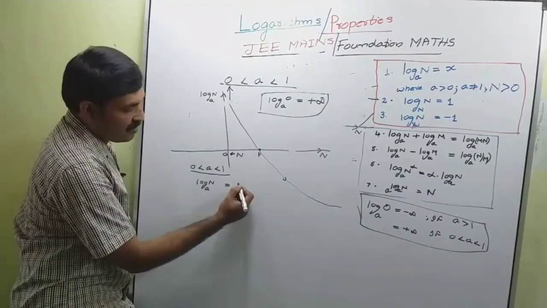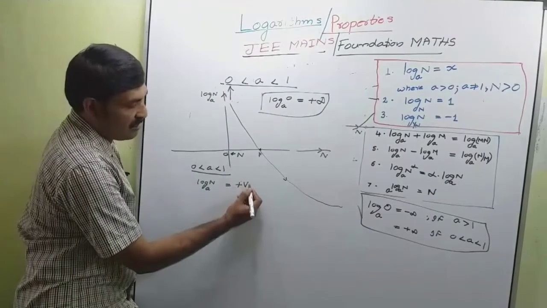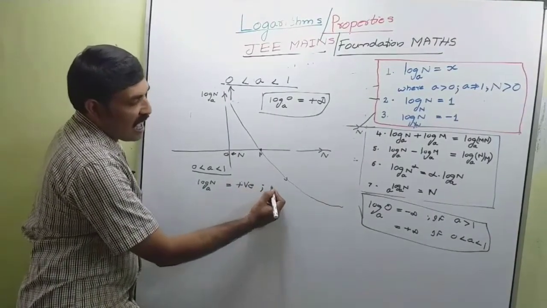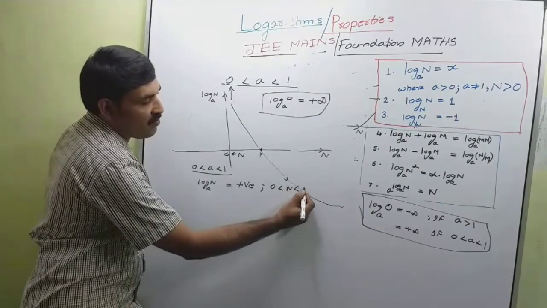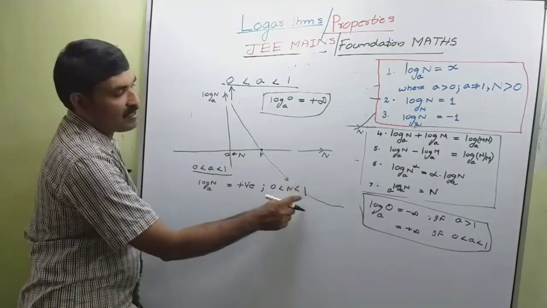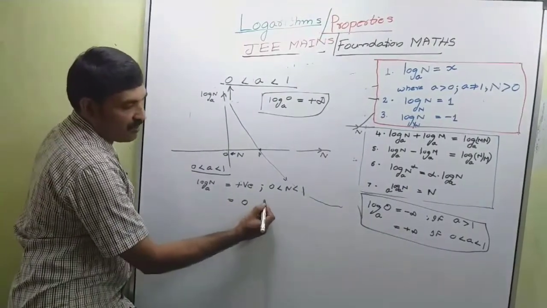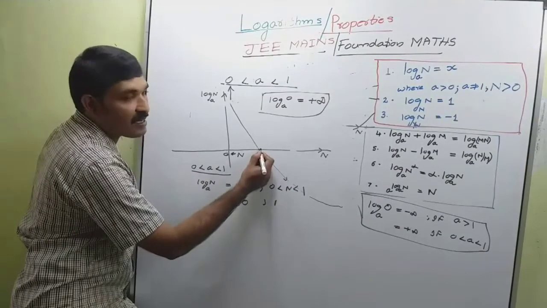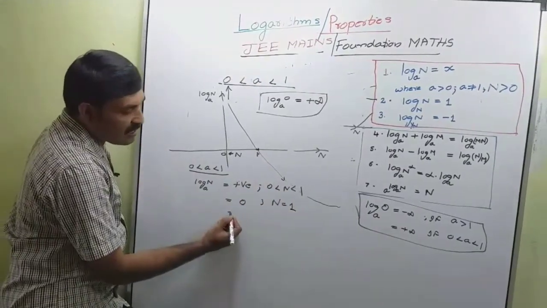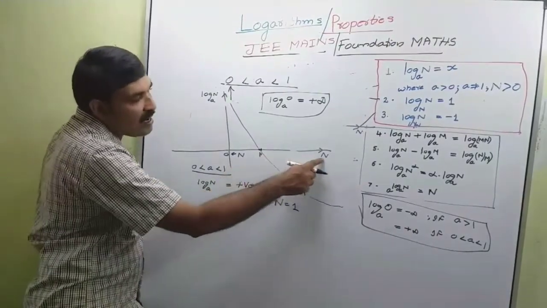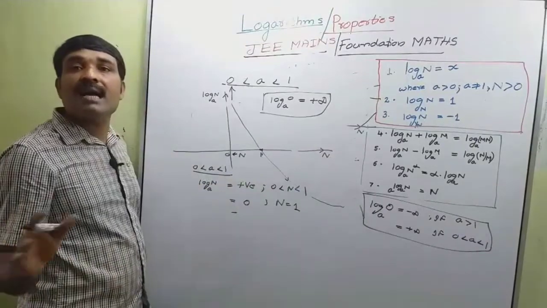This implies log n to the base a is positive if 0 less than n less than 1, is equal to 0 if n is equal to 1, and if n is greater than 1, the graph is lying below the x-axis.